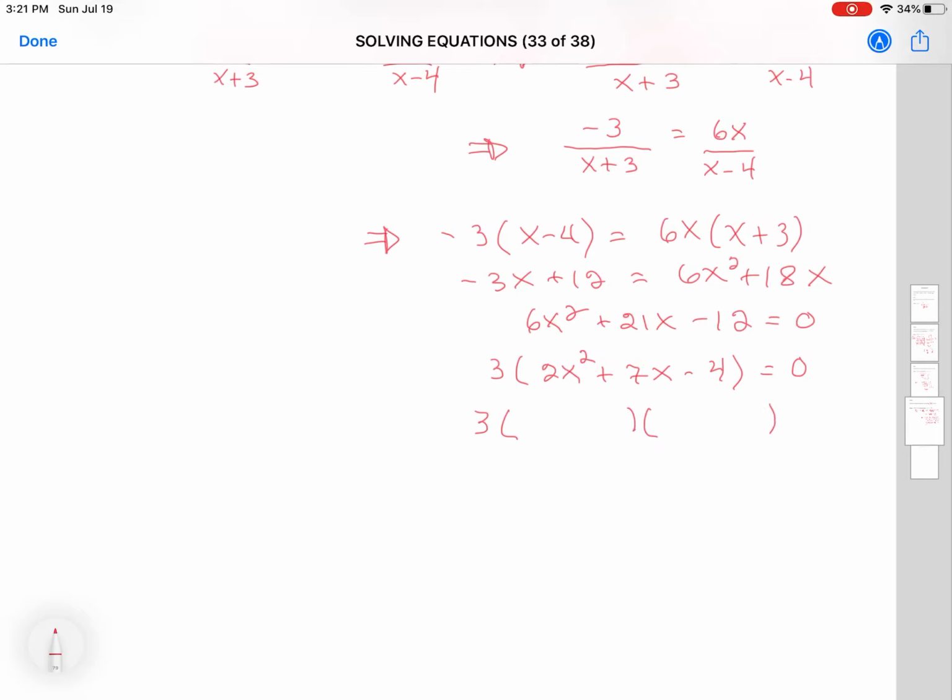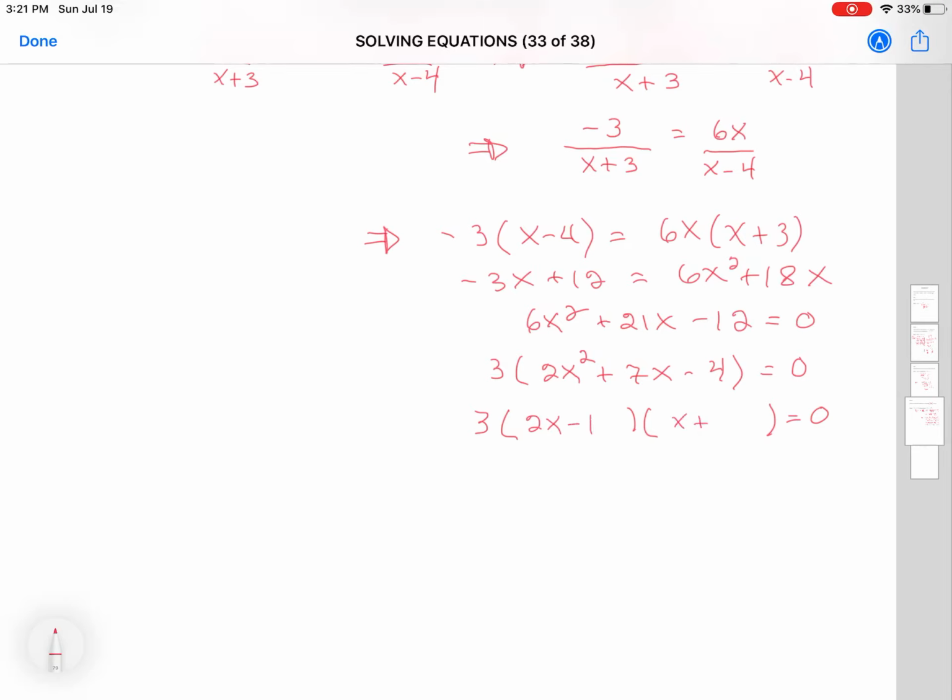Good. So the factoring here is relatively easy. We can do the product sum, we can do the quadratic equation, but since the purpose was really to solve the rational equation, let's go quickly over the quadratic that we have here.